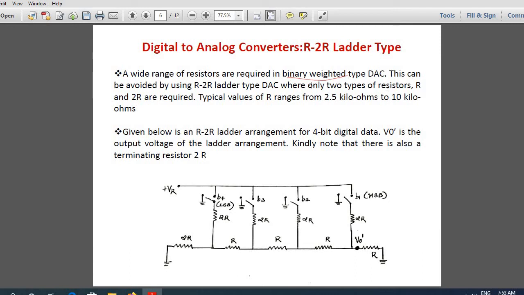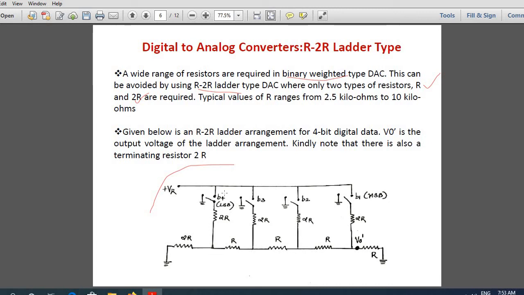But in the R to R ladder type, you need just two types of resistors: one is R and one is 2R. Usually the typical range of R varies from 2.5 kilo ohms to 10 kilo ohms. Before going to the actual R to R ladder circuit, let us first analyze a circuit like this for 4-bit digital data.